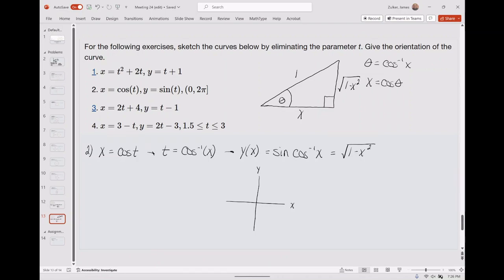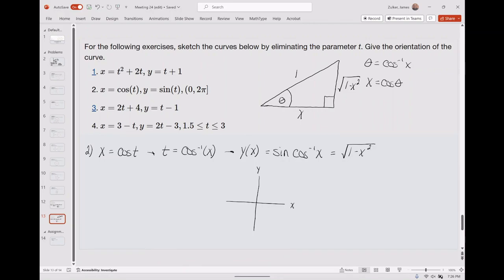Hmm. We can't pass x equals 1, get it? Why can't x be 1? Well, it can't be more than 1. So x can't be larger than 1. I definitely agree with that.